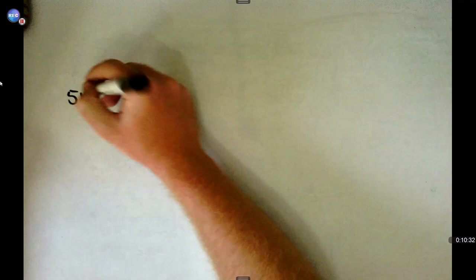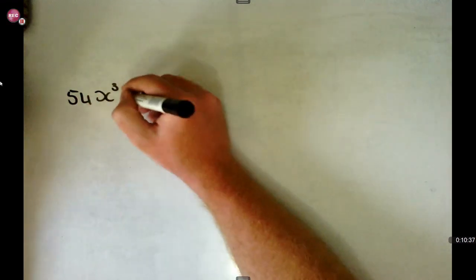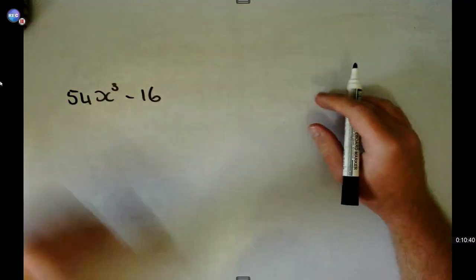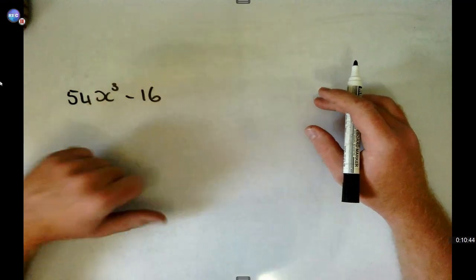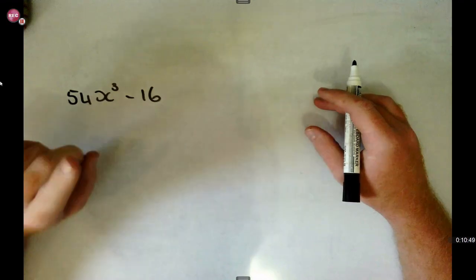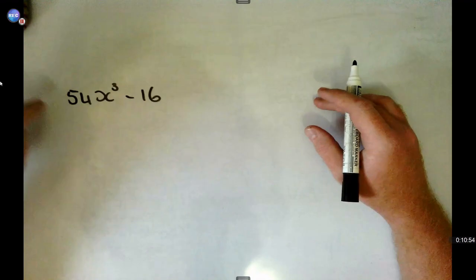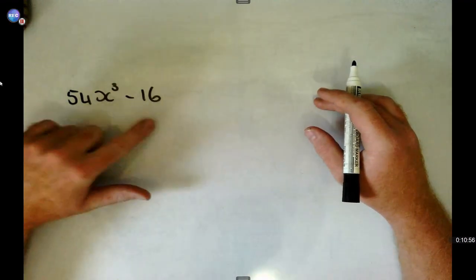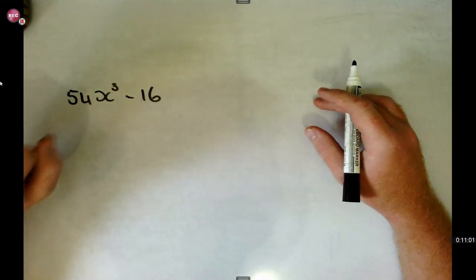So our third question consists of the following. We've got 54x cubed, and we've got negative 16. Now if you look at the values over here, none of these are perfect cubes, which means we now need to take out a highest common factor. That is why the highest common factor factorization is so important. So what we can take out from both of these to make them perfect cubes is a 2.